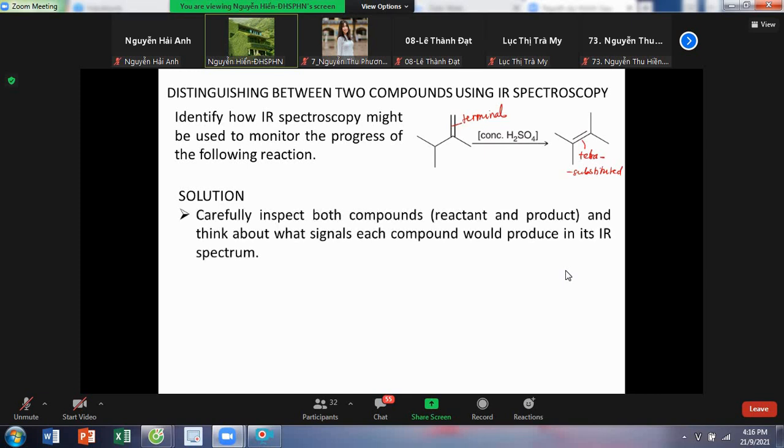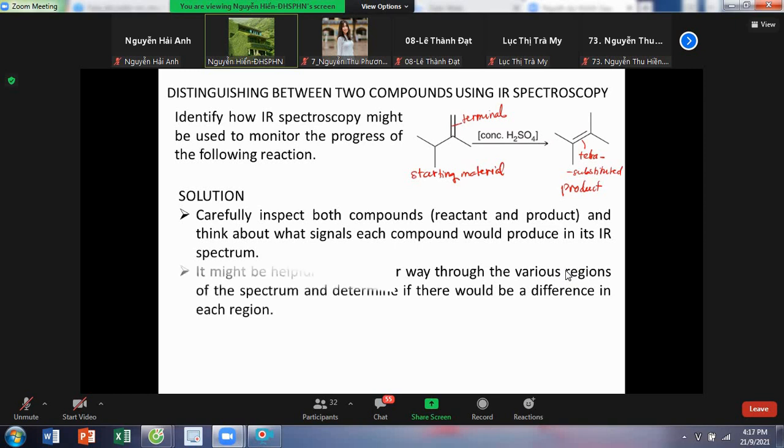So first you compare the structures of starting materials and products. Then recognize the functional groups in starting materials and in products, and then you go through the various regions of the spectrum and look if you can see any difference in each region.